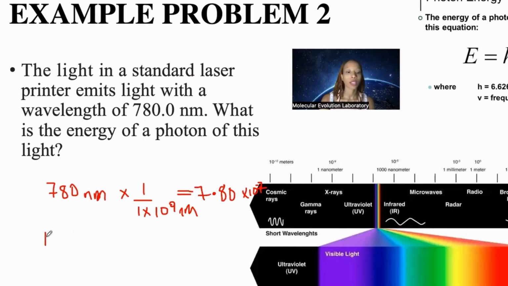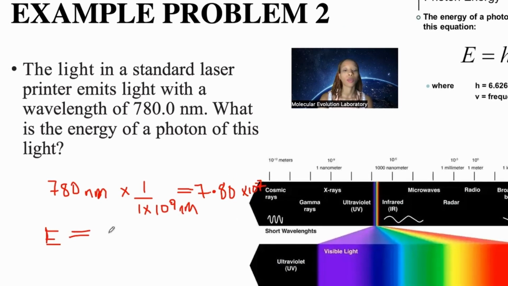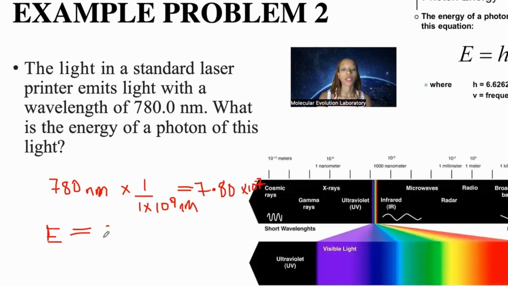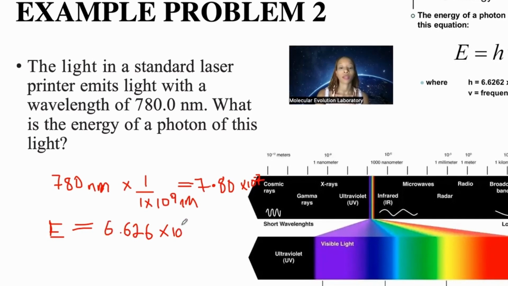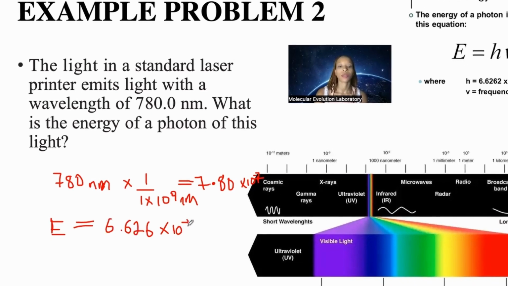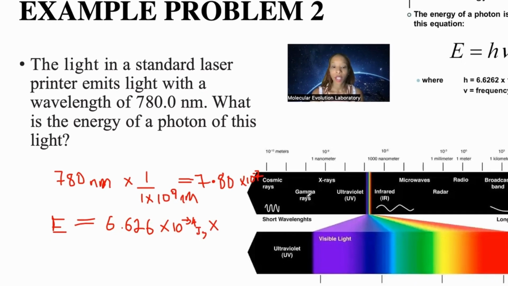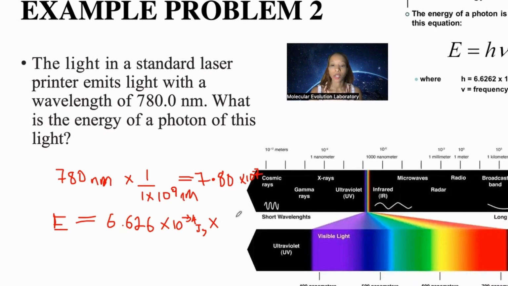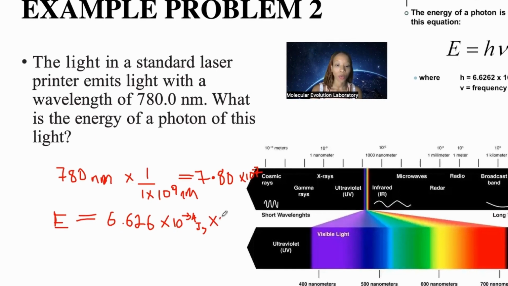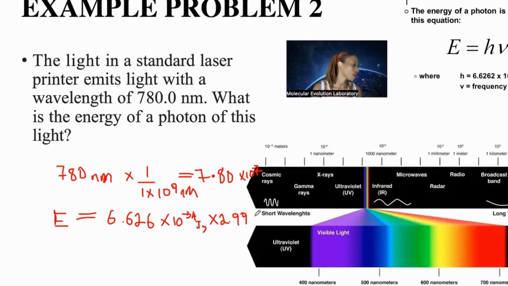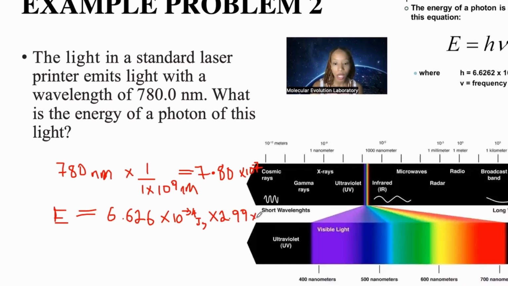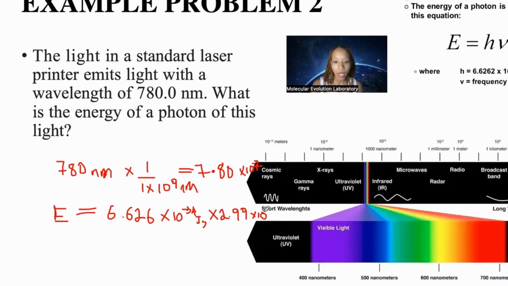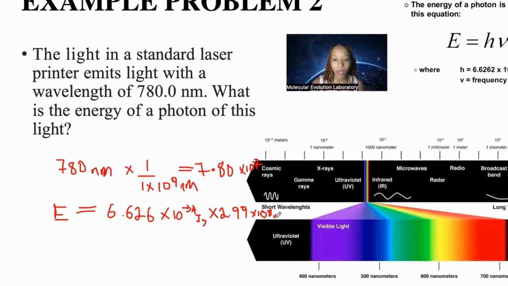So we know that energy is equal to Planck's constant, which is 6.626 times 10 to the minus 34 joule seconds, times the velocity, which is the speed of light, which is 2.998 or 3 times 10 to the 8. This is in meters per second as well.